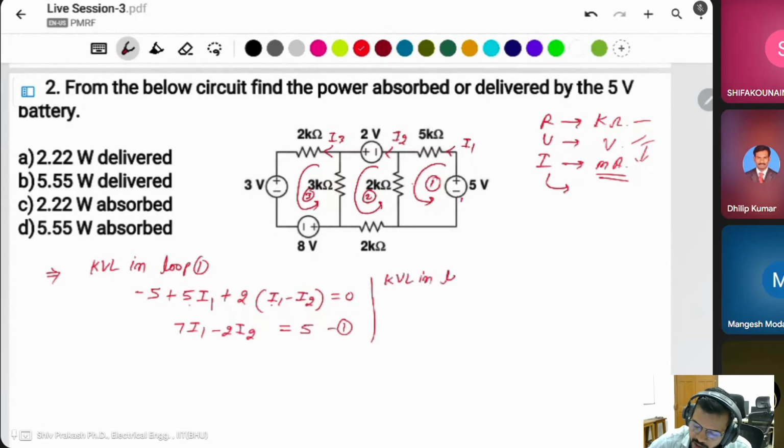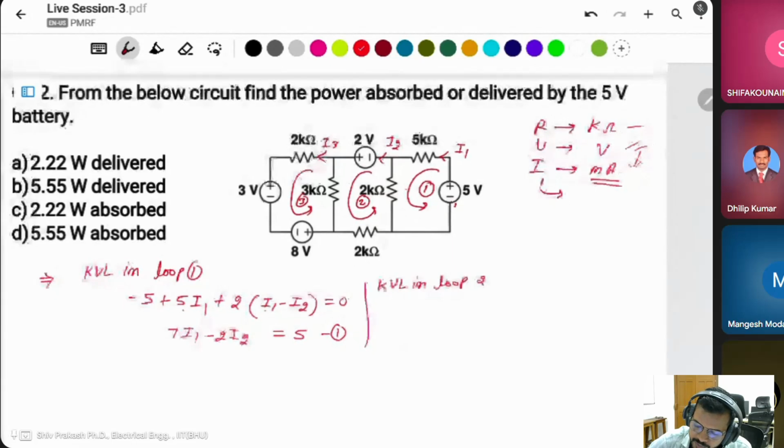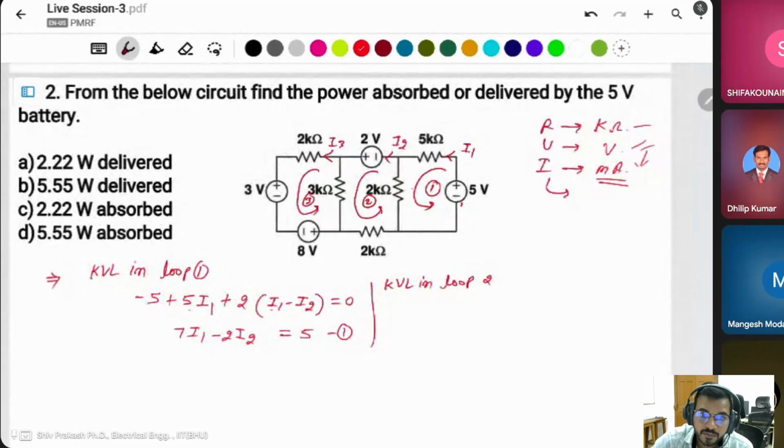KVL in loop 2. In the second loop, same, you can start from here.